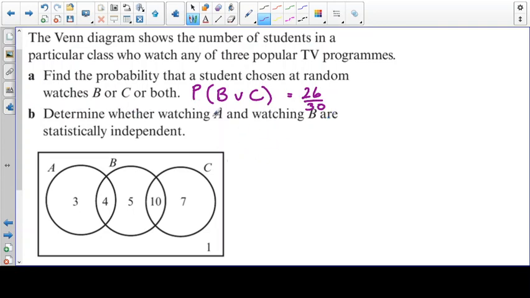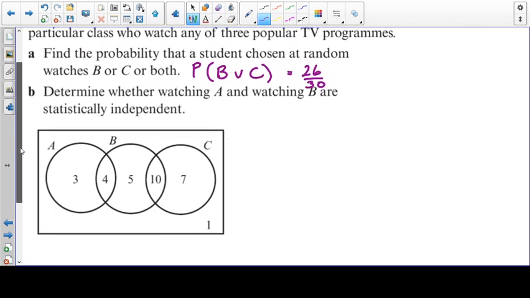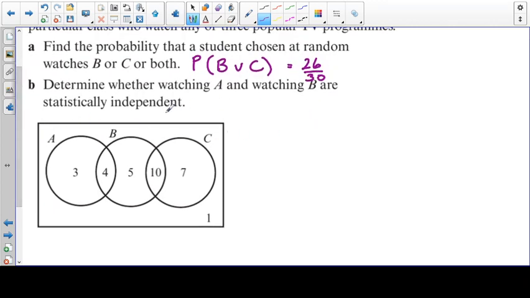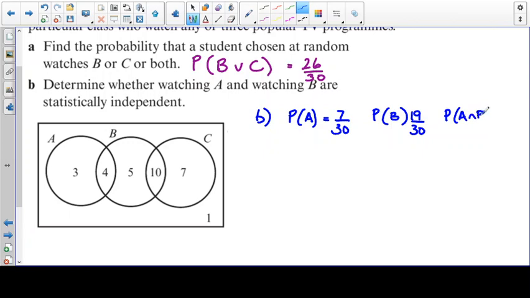And then determine whether watching A and watching B are statistically independent. So this is a sort of classic question. Are those two independent? So we've got to go through a sort of standard way of proving it. So I'm going to write down the probability of A, which is 7/30. The probability of B, which is 19/30. And the intercept, which is 4/30.